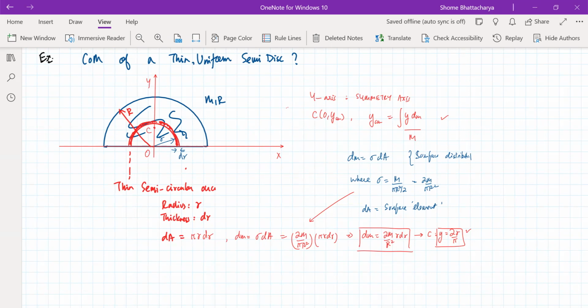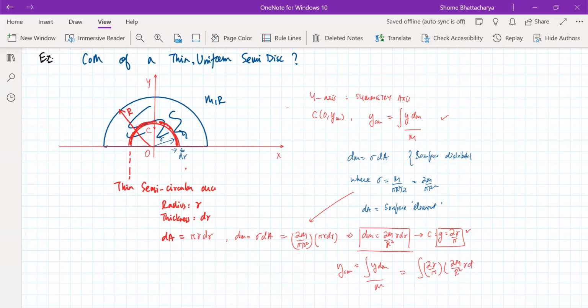Now your system's center of mass is located at the summation by integration of all the particles on the y-axis, which are at y coordinates individually given by 2r by pi, and the mass of that particular particle is this dm.